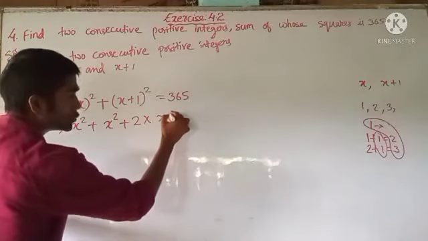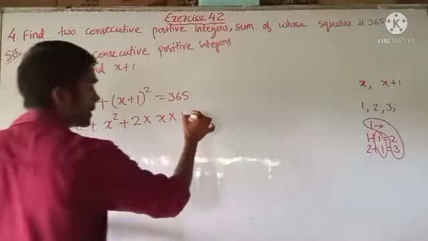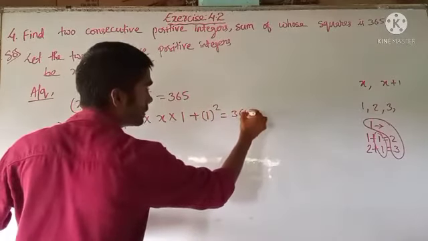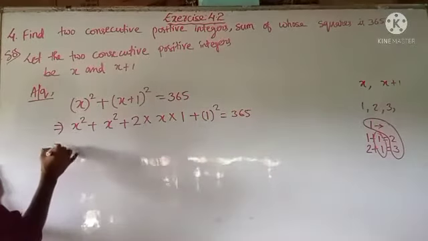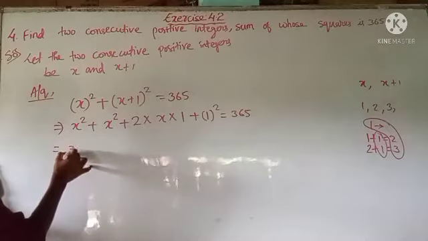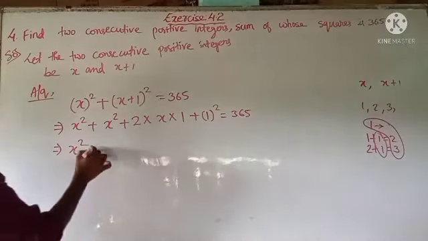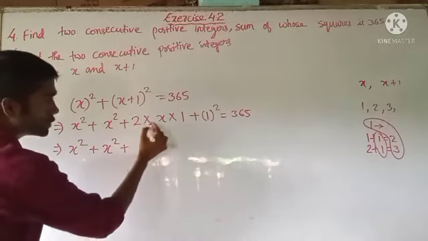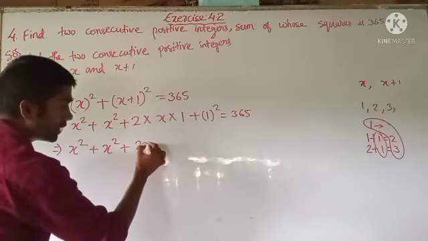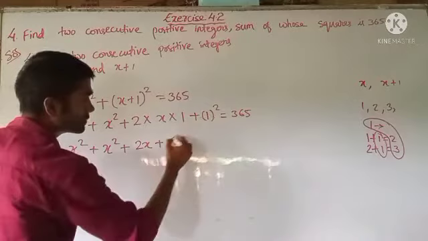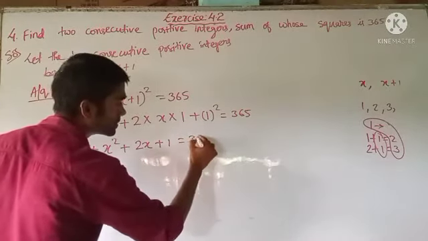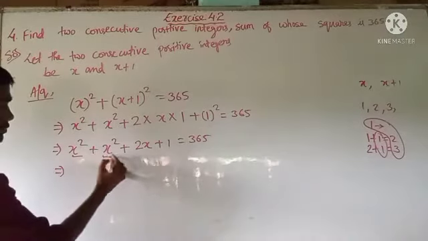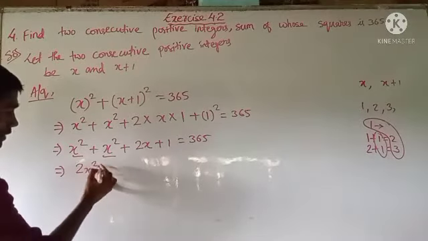So we'll remove the bracket, that is a square plus 2 into a into b plus b square is equal to 365. Now x square plus x square here, plus 2 into x into 1 will get here 2x, plus 1 square is 1, is equal to 365.